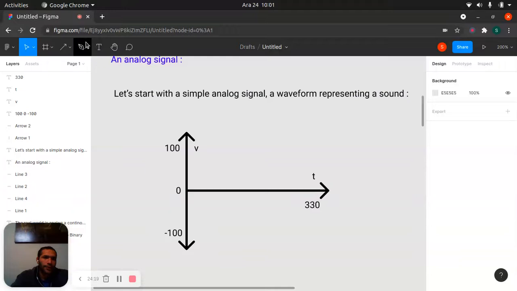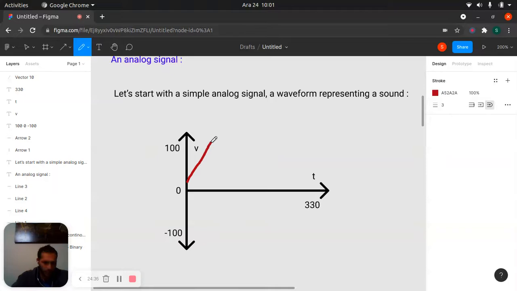And then let's plot our waveform. Where is our pencil? Yeah, we can do brown maybe. This color is good, right? Let's start from here, and let's go up, and let's go down to make something like that. No, this place now, wow.